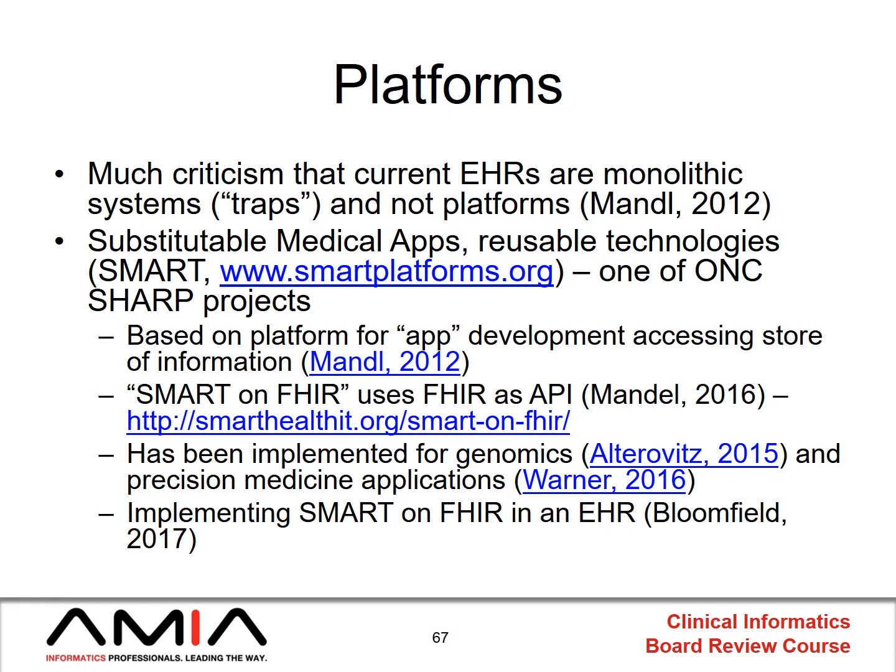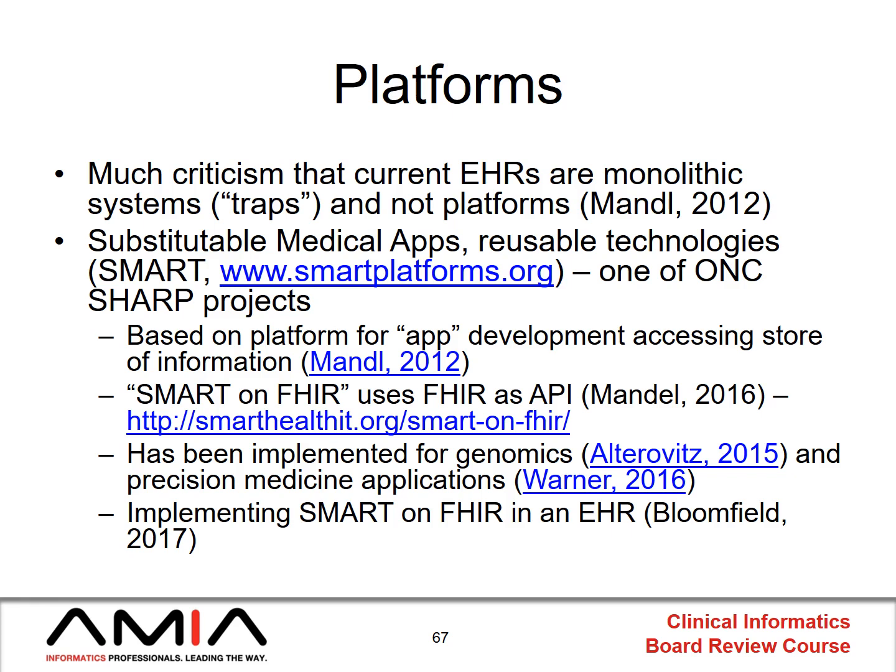The idea behind SMART is that we develop apps, and the apps can be smartphone apps or web apps or even software applications running on a regular computer. And these apps then can access the underlying store of information. They can read the information, they can write it back and interact with it. SMART really took off when it paired itself with FHIR, and so we now have SMART on FHIR that uses FHIR as that API to read and write data.